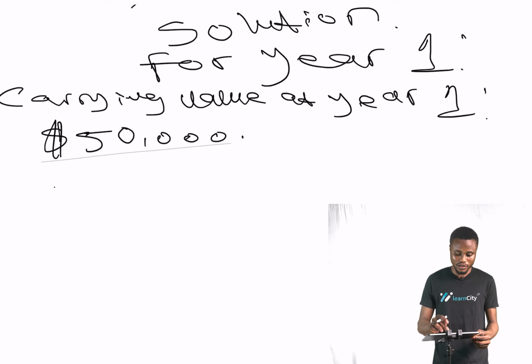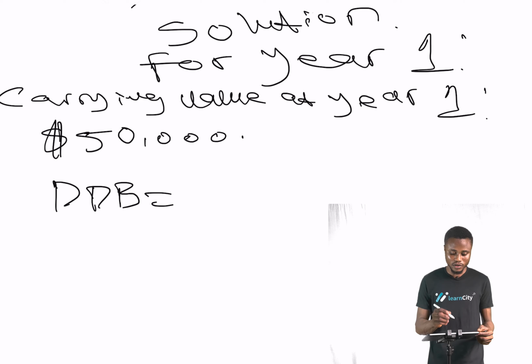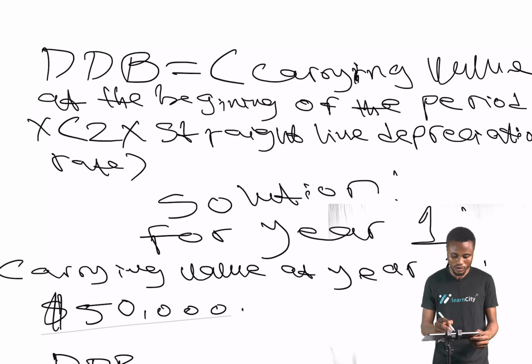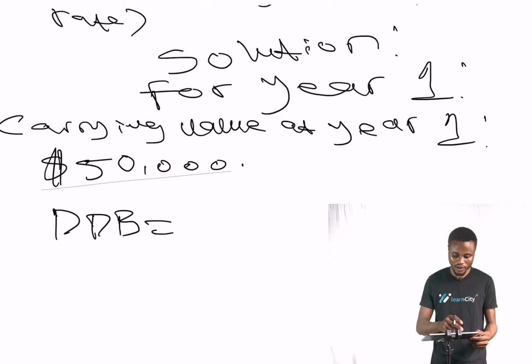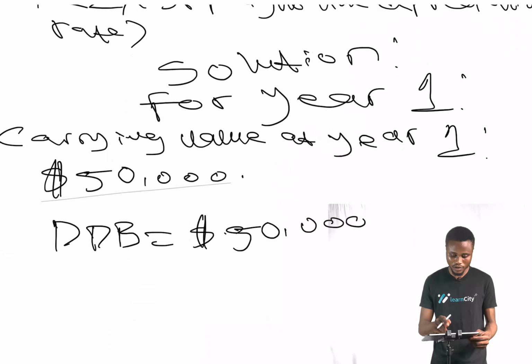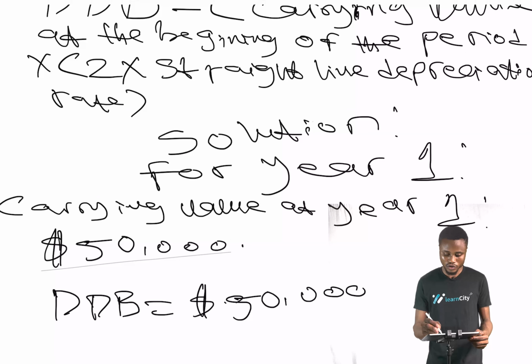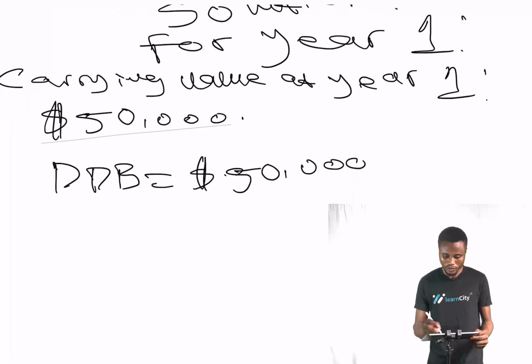So to do that, we are going to apply our formula. The DDB expense will now be the carrying value at the beginning of the period, which for the first year is 50,000 US dollars. You go back to the formula again.